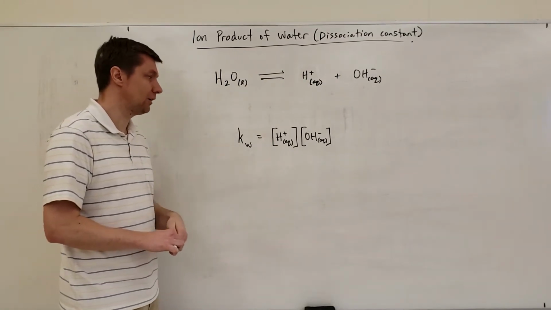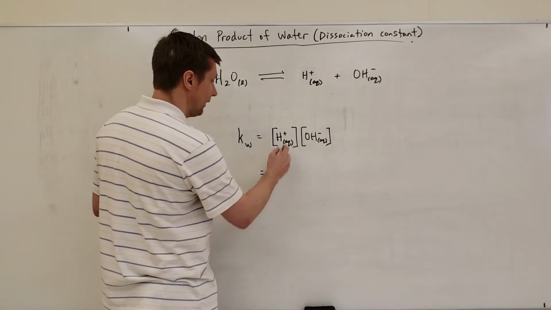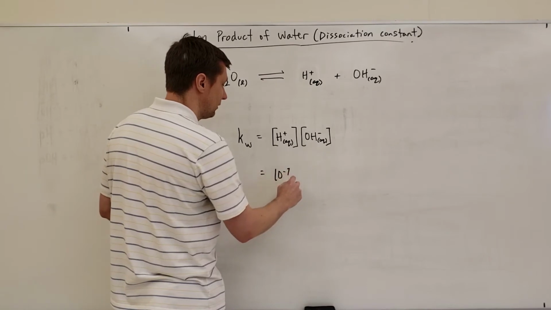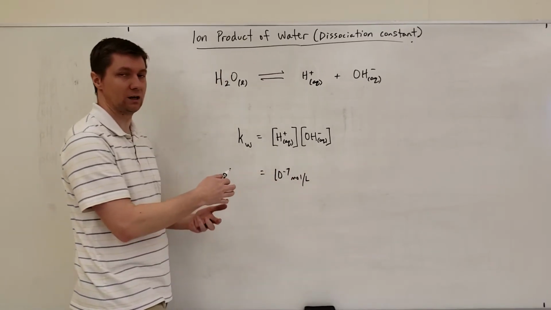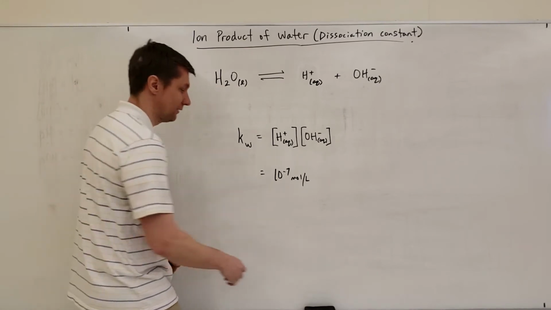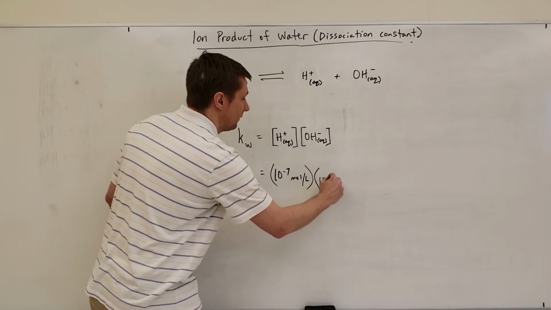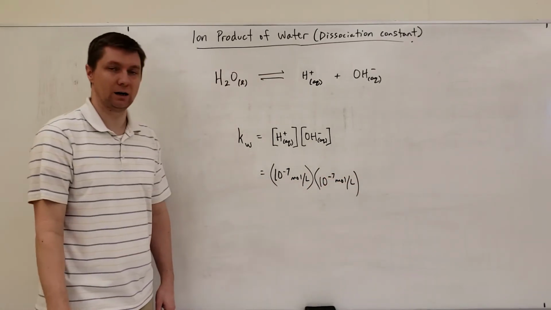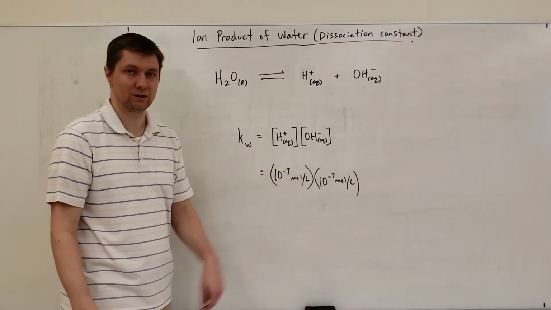And so this can be calculated, this is your formula right here. We know that the concentration of H plus is 10 to the negative 7 moles per liter, or we could say 1 times 10 to the negative 7. And the concentration of hydroxide ions in water is also 1 times 10 to the negative 7, or just 10 to the negative 7.